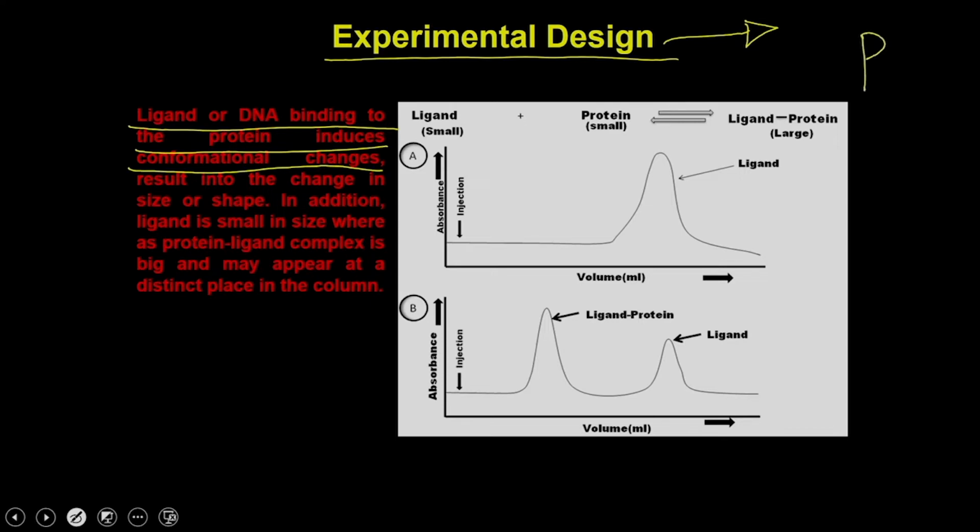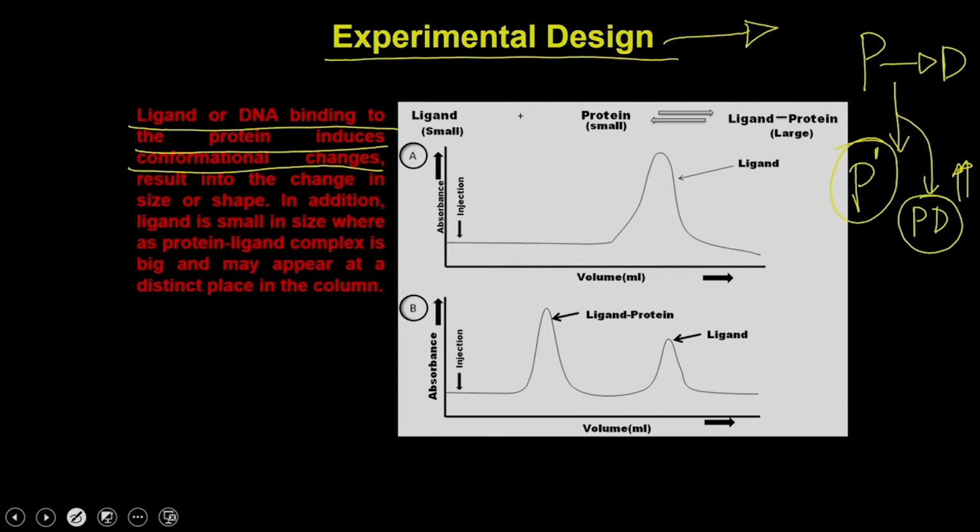So, when the protein interacts with DNA, it first affects the shape and size of the protein. Second, the protein-DNA complex is going to be of higher molecular weight, which means you can study this simply in two ways.